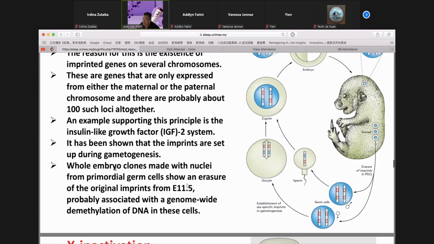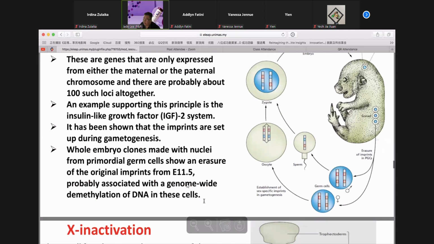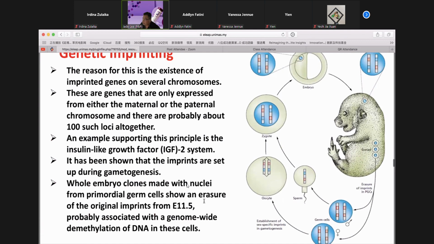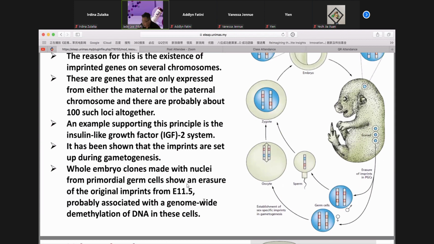So embryo clones made with nuclei from primordial germ cells show an erasure of the original imprint from E11.5, which is the time it is in the mouse's womb, day 11.5 of pregnancy. So this is probably associated with genome-wide demethylation of the DNA of these cells. If a gene is not expressed, it will be methylated. Do you understand?